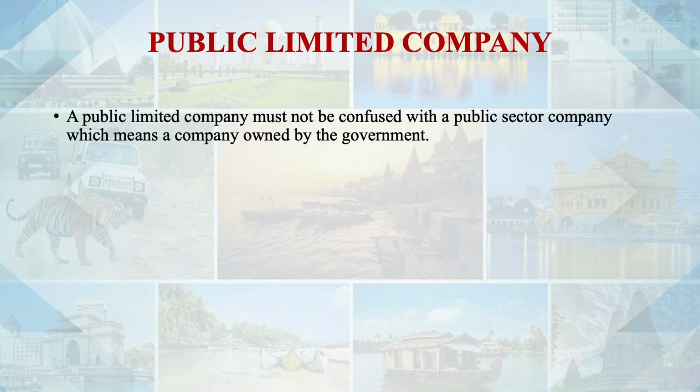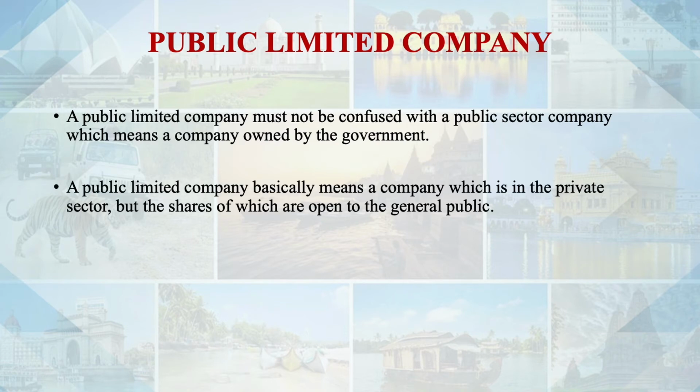What is the difference? There is confusion here. A public sector company is government-owned, but I'm talking about a public limited company. It's a pure, private business, but it can be on the stock exchange and sell its shares to the public.